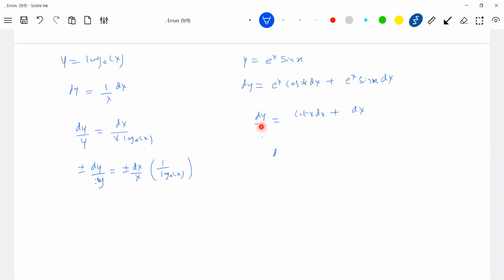Okay, only dy, no, it is. Sorry, dy by y this is. Okay, we have this much here. So dy by y is equal to the relative error in y depends on the mean absolute error in x and also on the mean value.